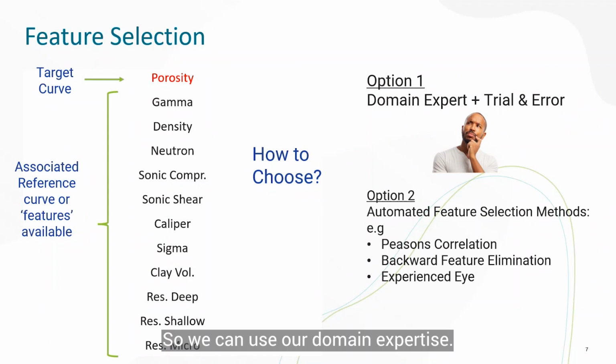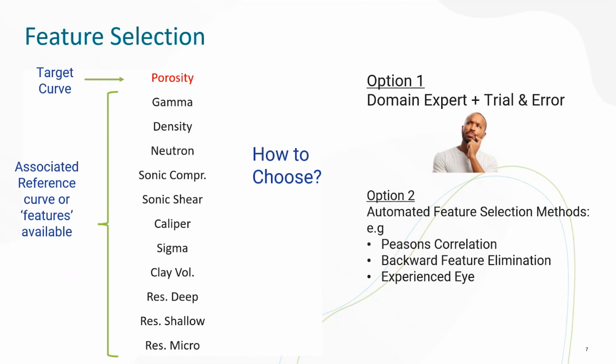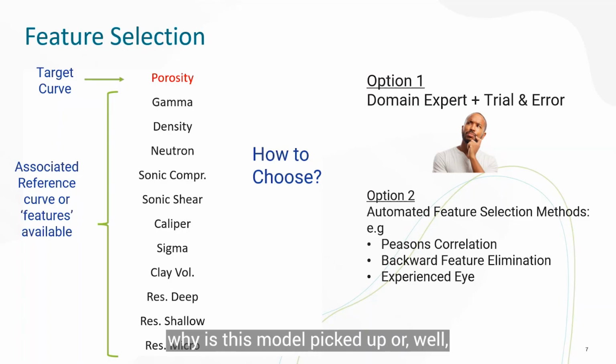So we can use our domain expertise, but there may be cases where there are unseen relationships between the data, and that's what these feature selection models try to identify, some of the underlying relationships. But at all points within the workflow, you are in charge. You can say, well, why did this model pick caliper?